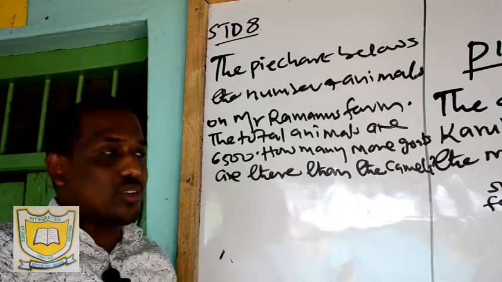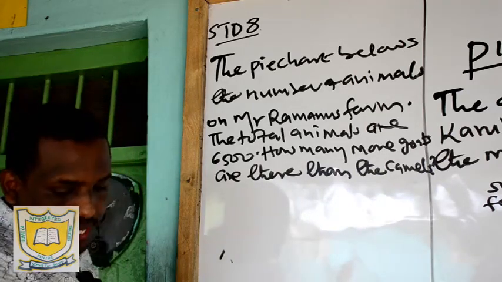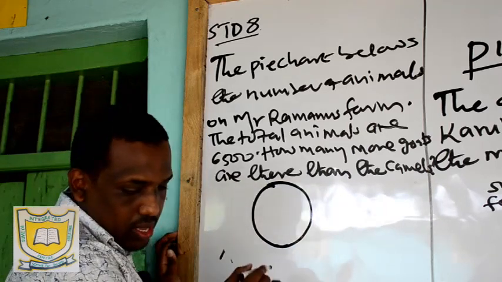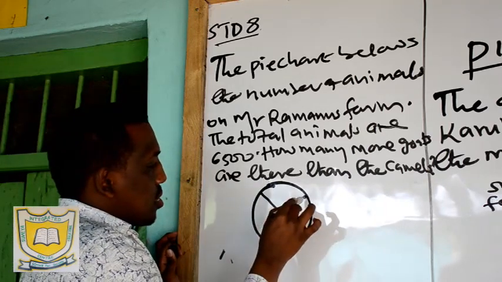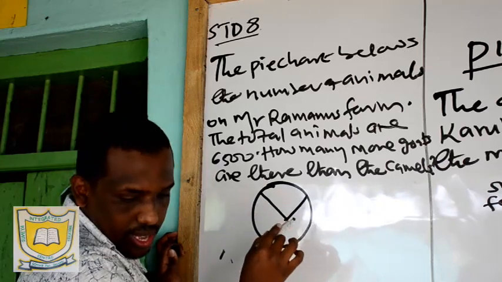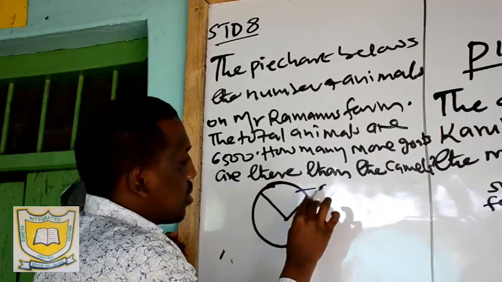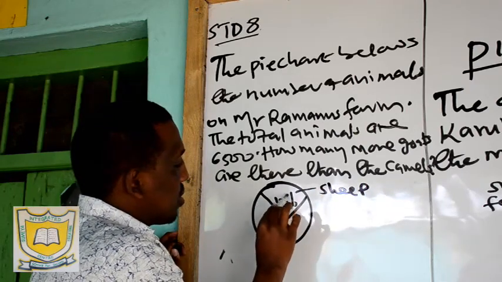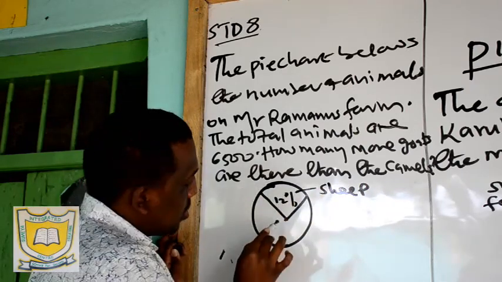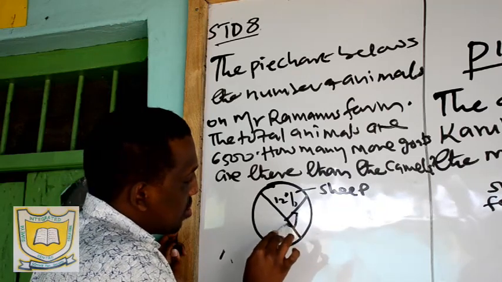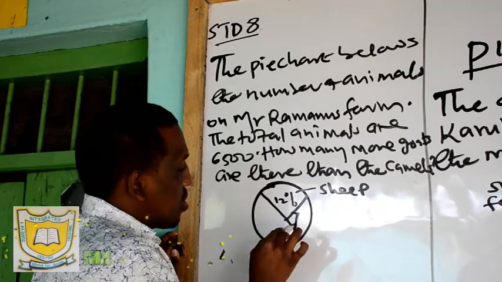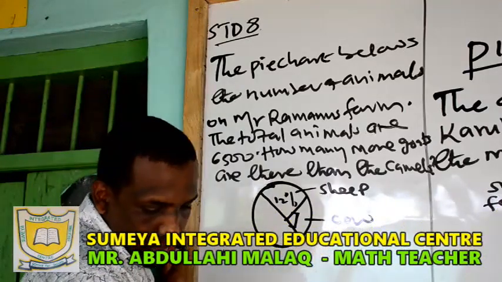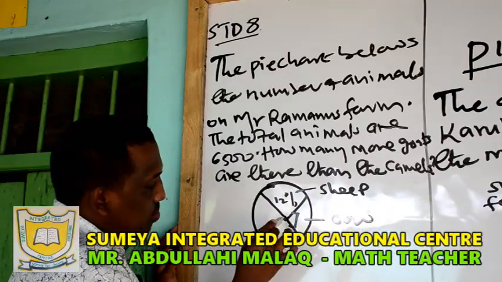It's the same way we did the other one. This is the pie chart. Here we have sheep, which is 12%. Here we have cow, and here we have chicken.